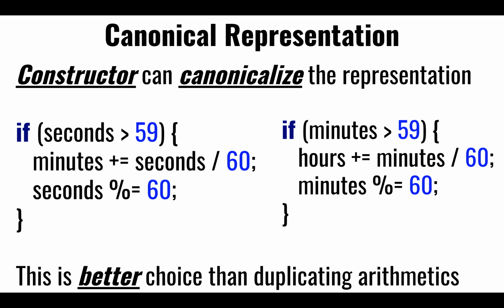Do some of that conversion and deal with the edge cases only in one single place. Deal with if it's bigger than 59, if it's less than that, and whatnot, and do all those validations in one single place in the constructor. And so this is a better choice than spreading this logic everywhere.